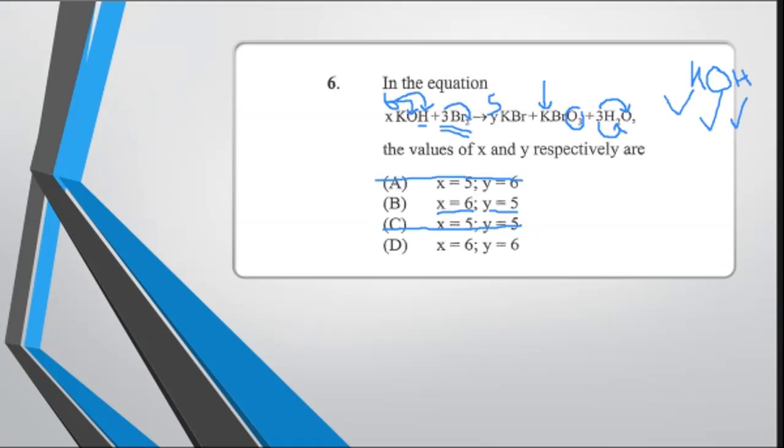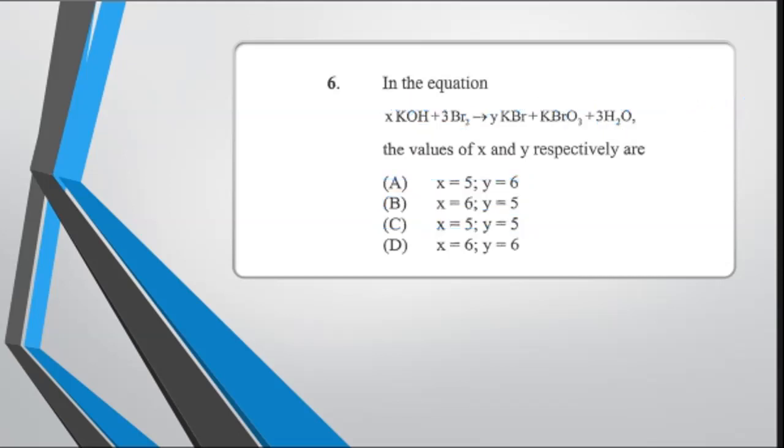I have 6 bromine atoms. On the opposite side, I have 5 bromine here, plus 1 bromine there. That means I have 6 bromine on this side. So on either side, the bromine balances out. So our most likely answer is B as in boy, X is equal to 6 and Y is equal to 5 because it balances out. Right? So the answer should be B as in boy.